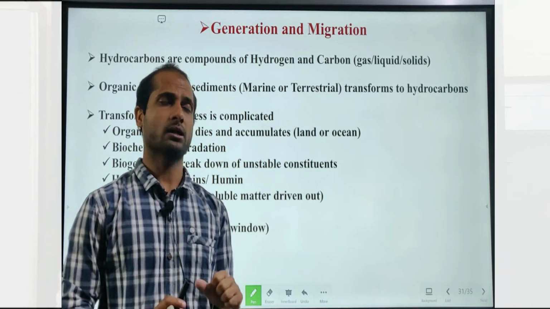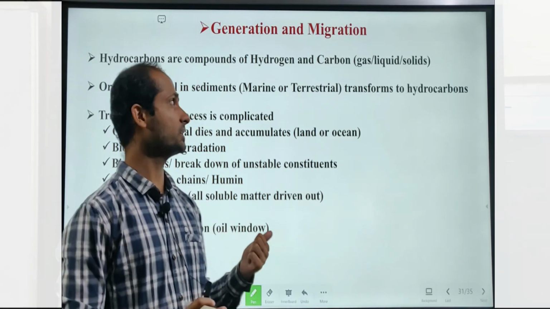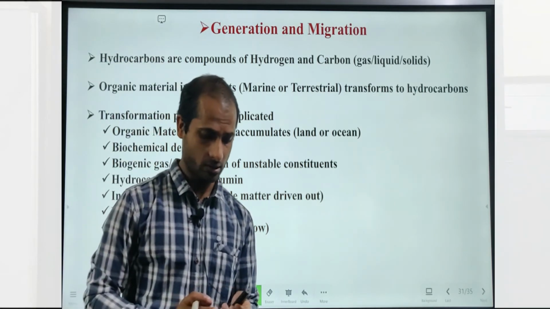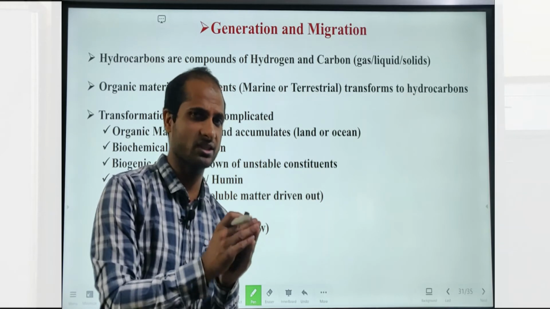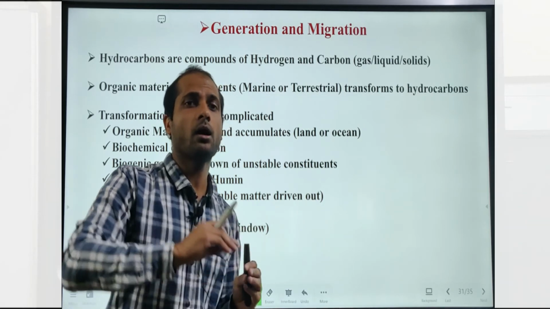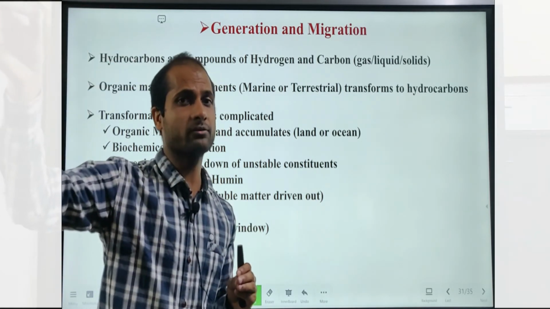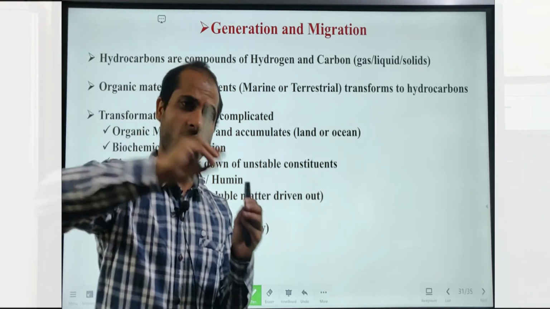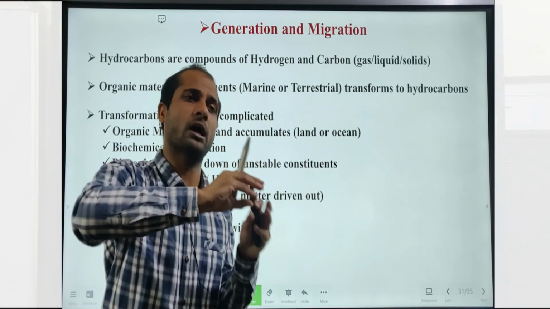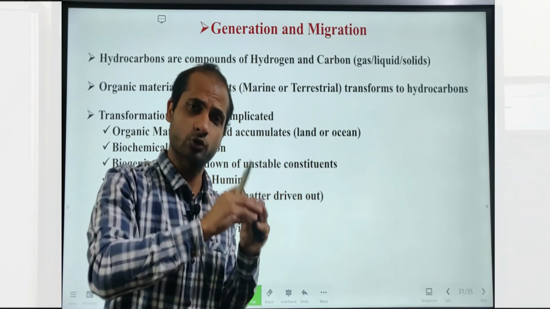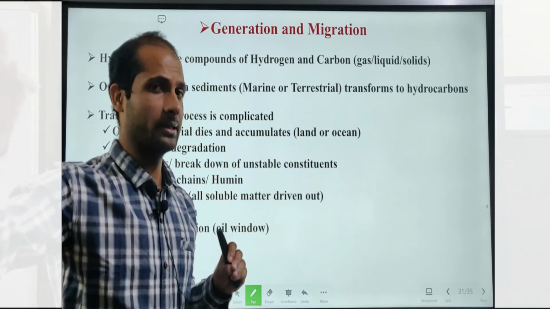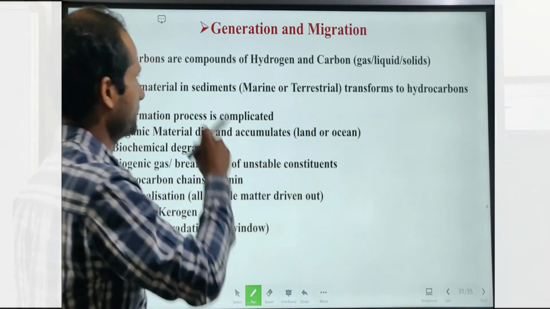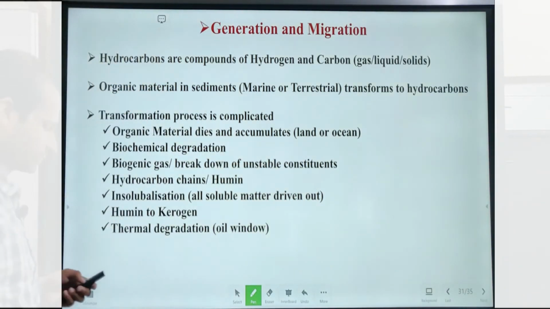After that we are moving on to generation and migration, because we have shale over there where we get the generation of hydrocarbon, and we have sandstone where we get the reservoirs. How this hydrocarbon moves from the source rock to the reservoir rock is really important to understand, and that comes under migration.